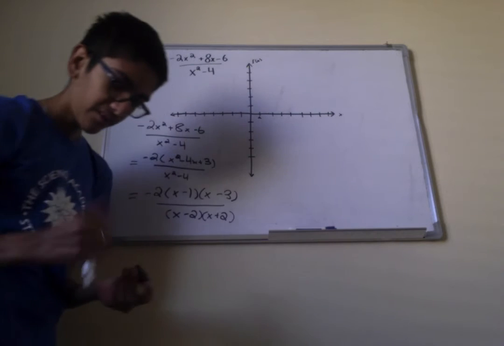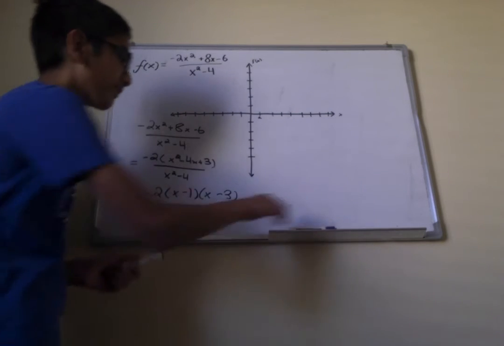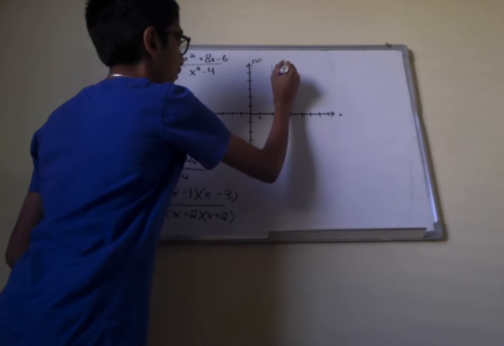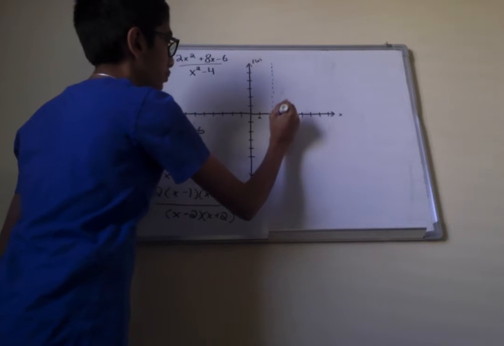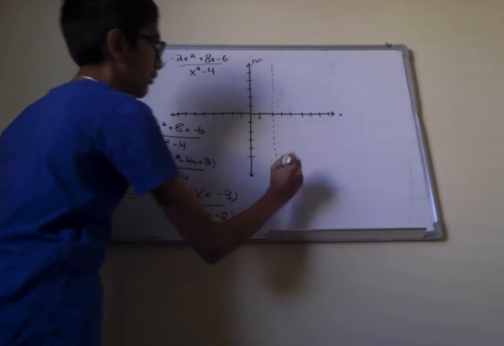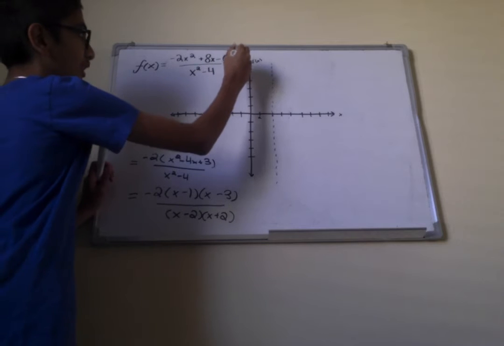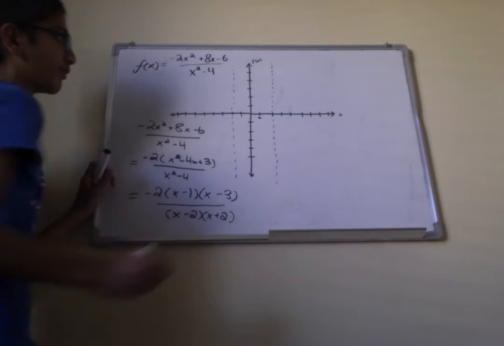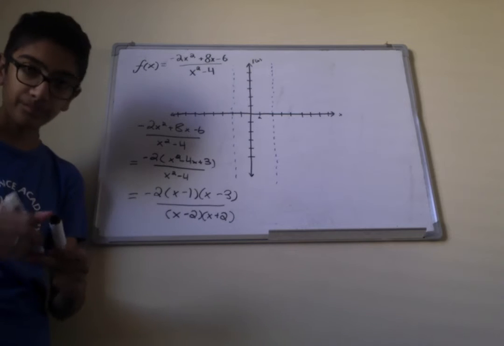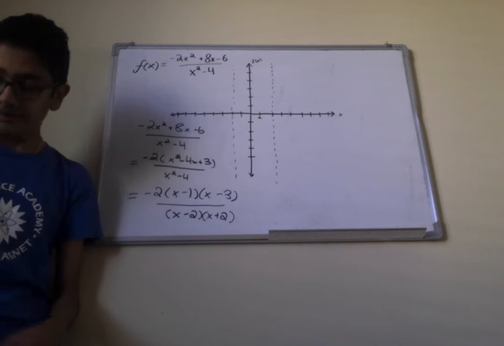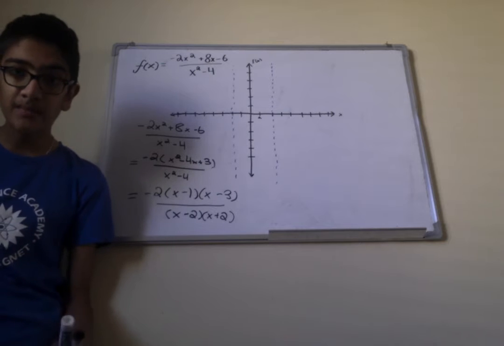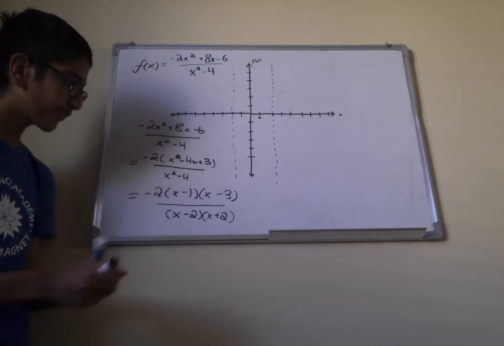Let's get a different marker, actually. It would be much better. Plus 2 and minus 2. These are the vertical asymptotes. Okay, so now let's not erase this because we still have one more thing we can do with this.